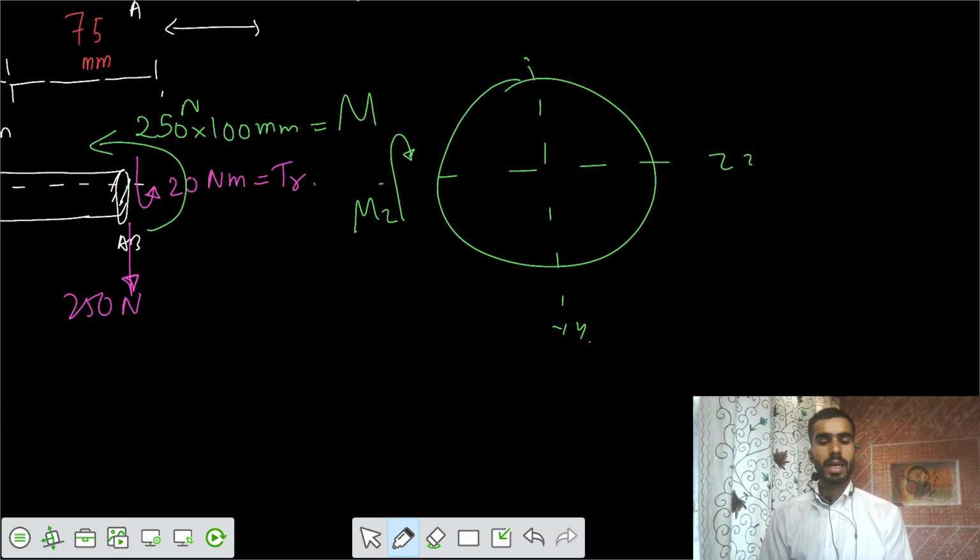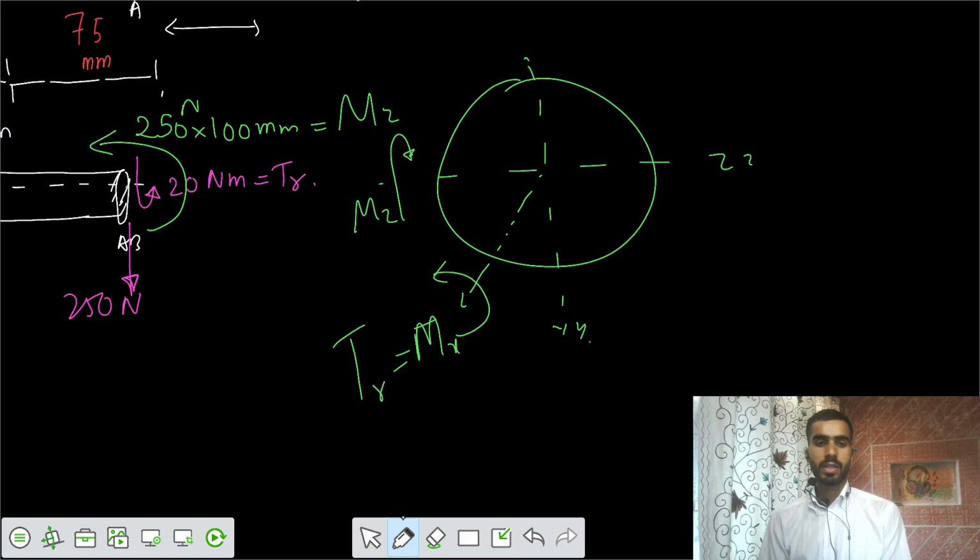So a moment developed in the Z direction, that's MZ, and your moment perpendicular to the plane, that's Mx, that's also torsion, a resisting torque of 20 Newton meter, and a shear force in the y direction, a shear force of Py in the direction of y, 250 Newton.